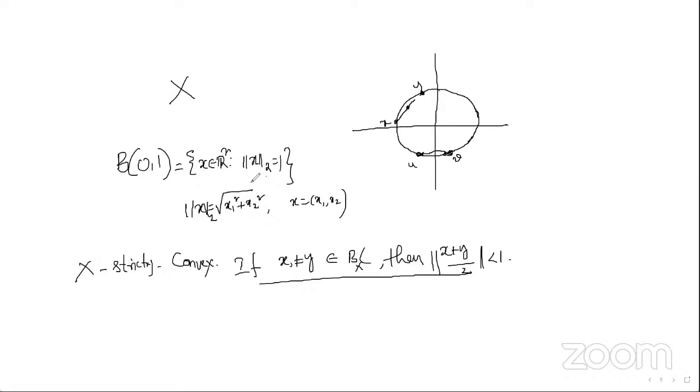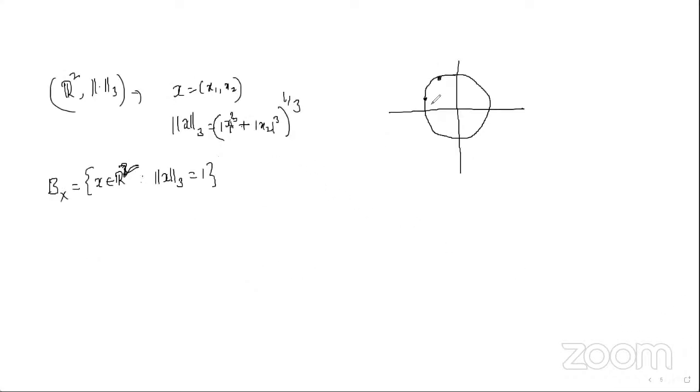In R2 with respect to 2 norm, the distance from the midpoint of these two to the boundary is the same as the distance from the midpoint to the boundary here. That is not true in general in R3. If I take any 2 points with the same distance, whatever that distance may be, the midpoint's distance to the boundary may not be the same in general. If it is the same, we will call it a uniformly convex space.